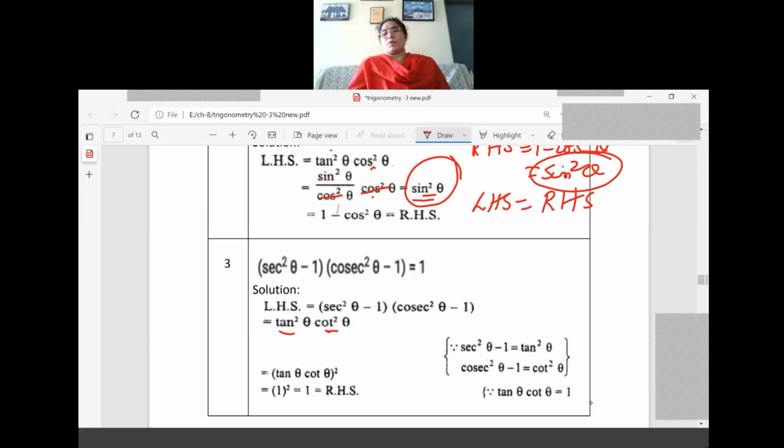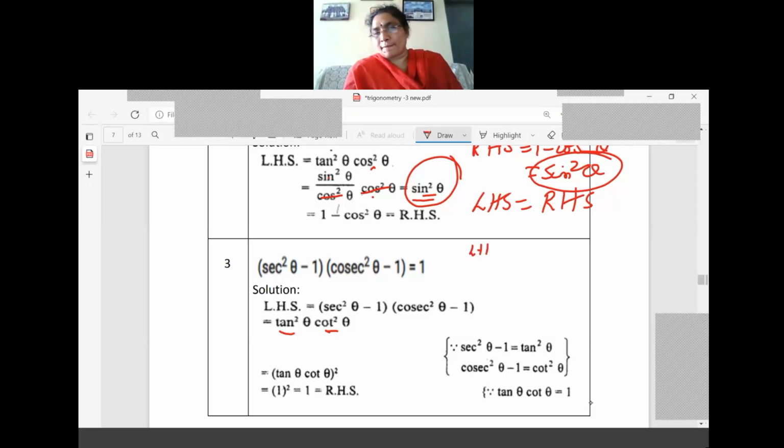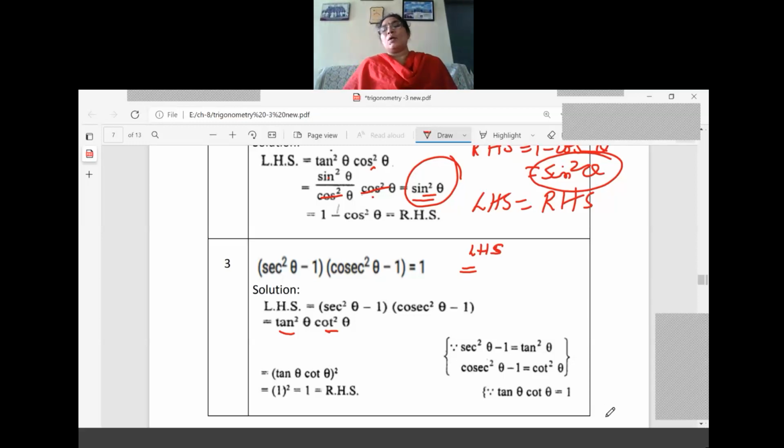Now another way how we can do the same question. Sec square theta minus 1 is there. LHS I'll take here. Sec square theta minus 1 is there. So what is the identity we learned? 1 plus tan square theta equal to sec square theta.